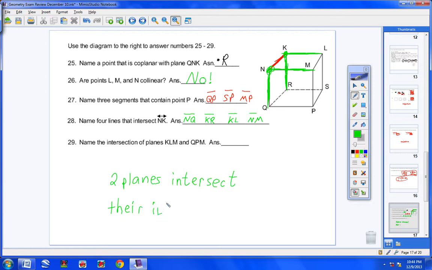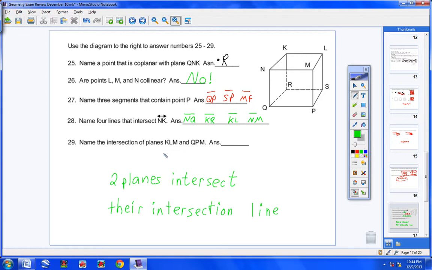Their intersection, in other words, where the 2 planes intersect, will be a line. It will be a line. Okay, please don't forget that.